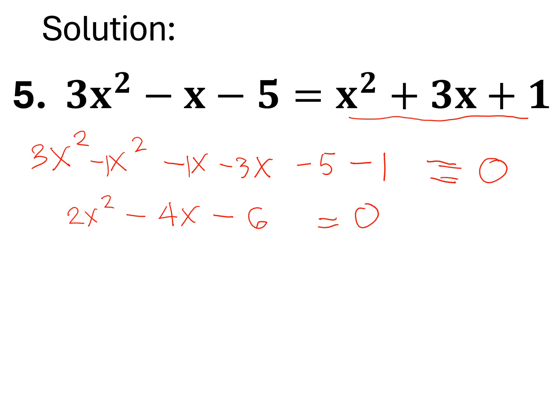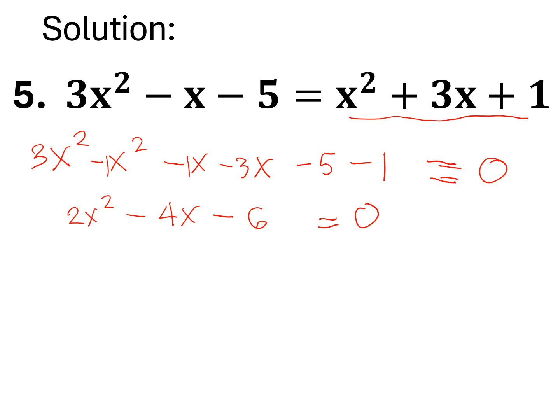So this is now the quadratic equation, but when you examine all the terms, they have a common factor. What is the common factor of the three terms? Yes, that is 2. The GCF is 2.